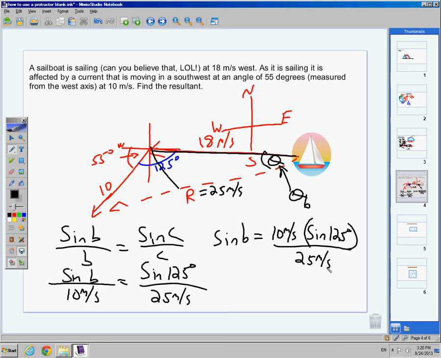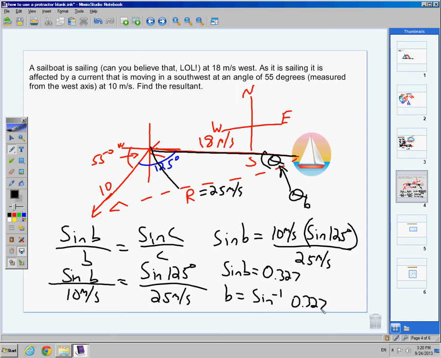And let's see what that comes out to be. Comes out to be sine B equals 0.327. B equals sine negative 1, 0.327.